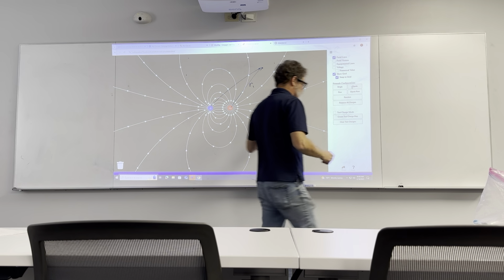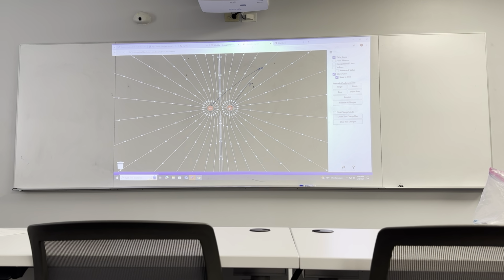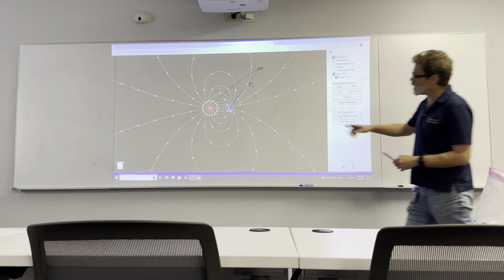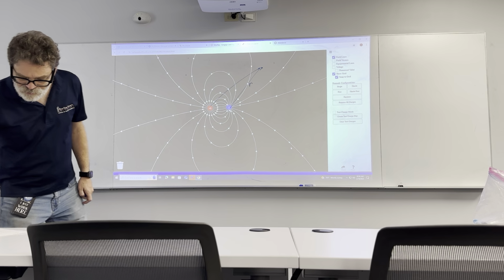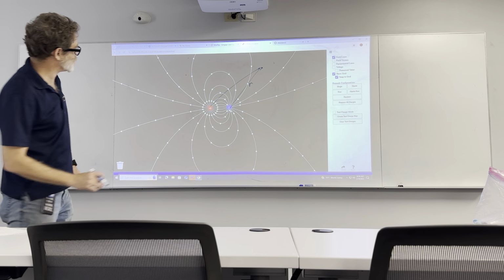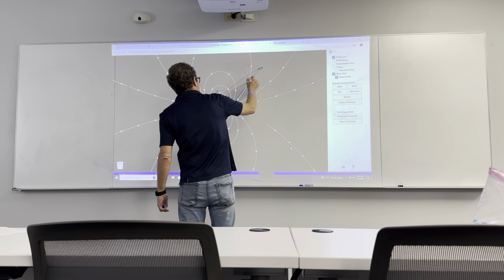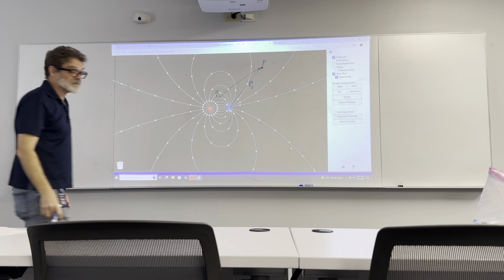I made that one positive, that one negative in my notes. So let me switch these around. I'm going to make this one positive, and this one negative. Okay, that's how my notes are. And I want to calculate this point here. R1 is from the positive. So this is R2 from the negative. This is R1 from the positive. I want to find the electric field at point P.